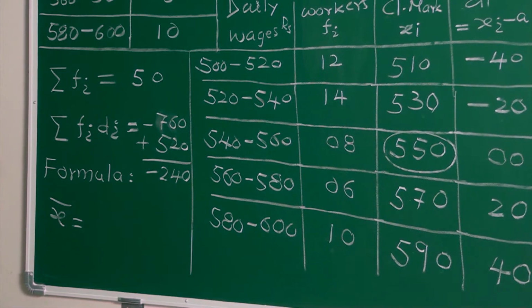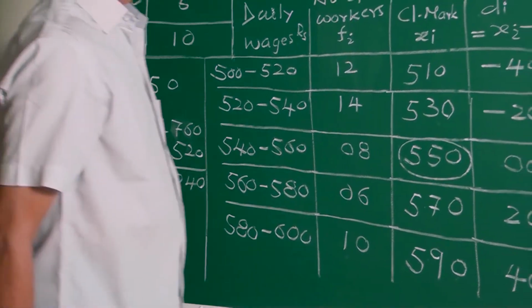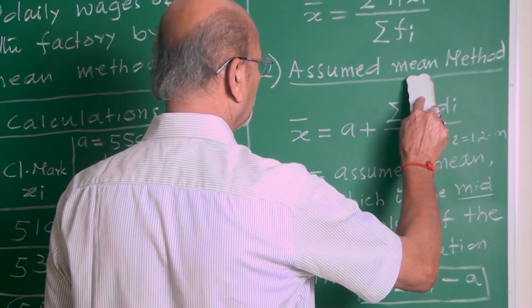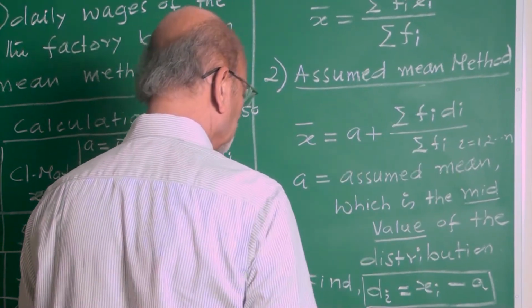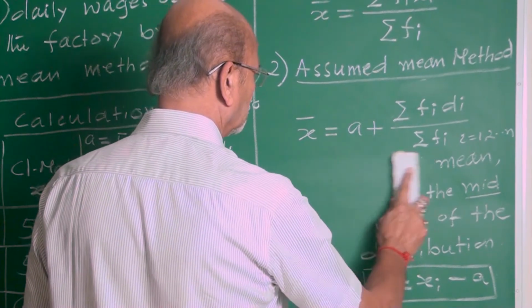Then the formula. What is the formula? The assumed mean method formula. This is the formula, and directly I substitute here.